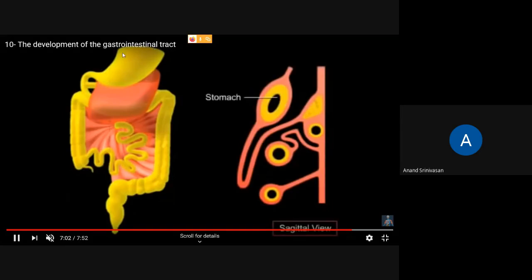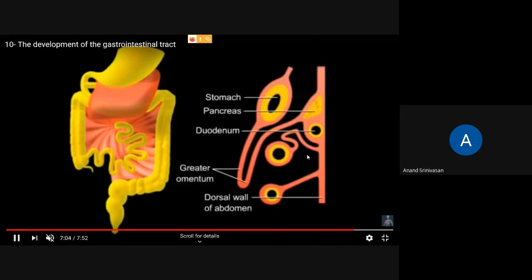Now if you take a sagittal section, in this section which we have seen initially, we are taking a section like this. This is the stomach, and here is the greater omentum, and here is the pancreas, the duodenum.